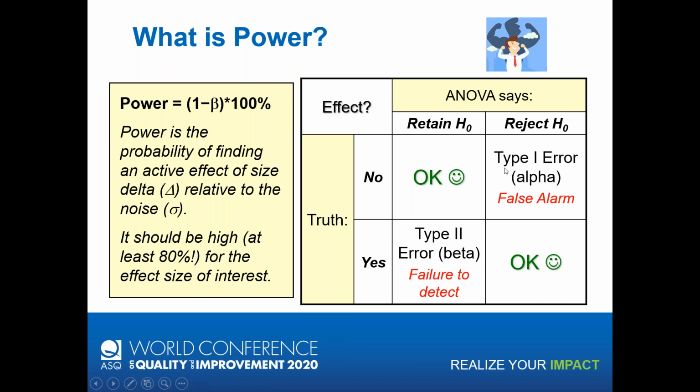Okay. Beyond that, over on the other side of the camp here, we're also in a good area where when the ANOVA says retain the null hypothesis, nope, nothing here. And the truth is, there is nothing there. That's also a good result. And we look for that kind of result when we're doing ruggedness testing or robustness testing, when we're actually running an experiment to prove that there are no effects.